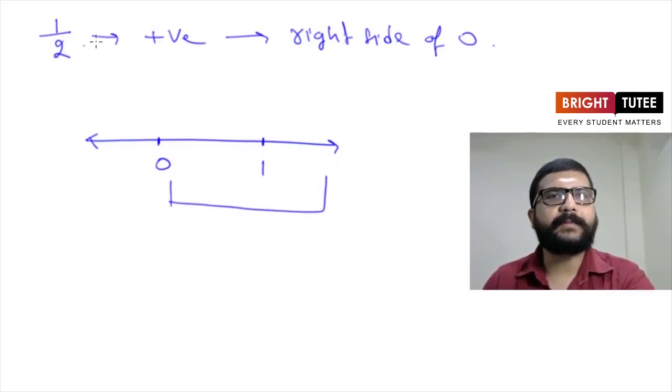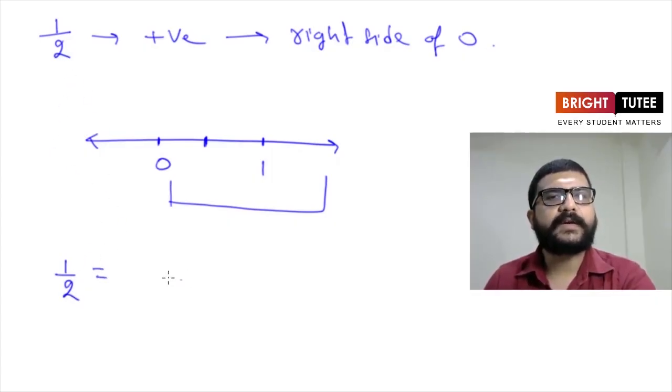Now what will be the position of 1 upon 2 here on the number line? For that, we can divide this region between 0 and 1 into two equal halves by marking this marker here. Now this marker is dividing the region between 0 and 1 into two equal parts. So 1 upon 2, between which two integers will it lie?